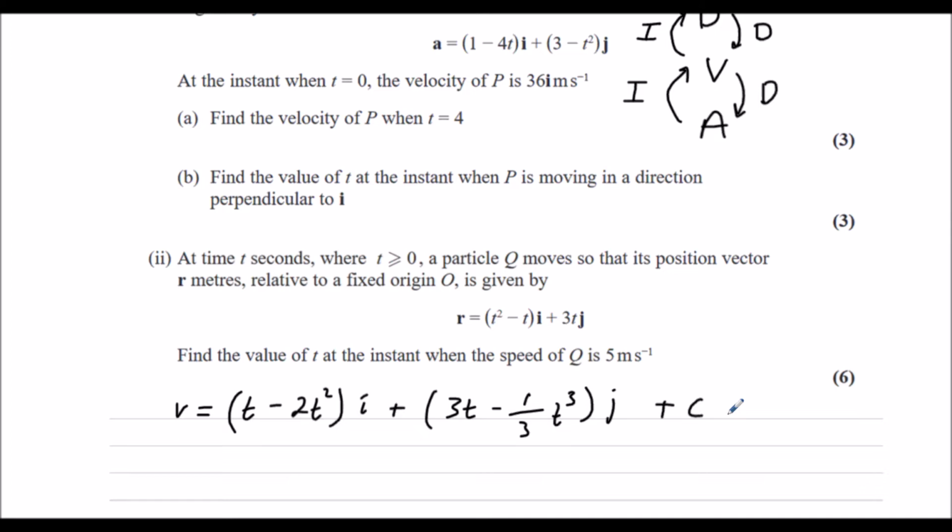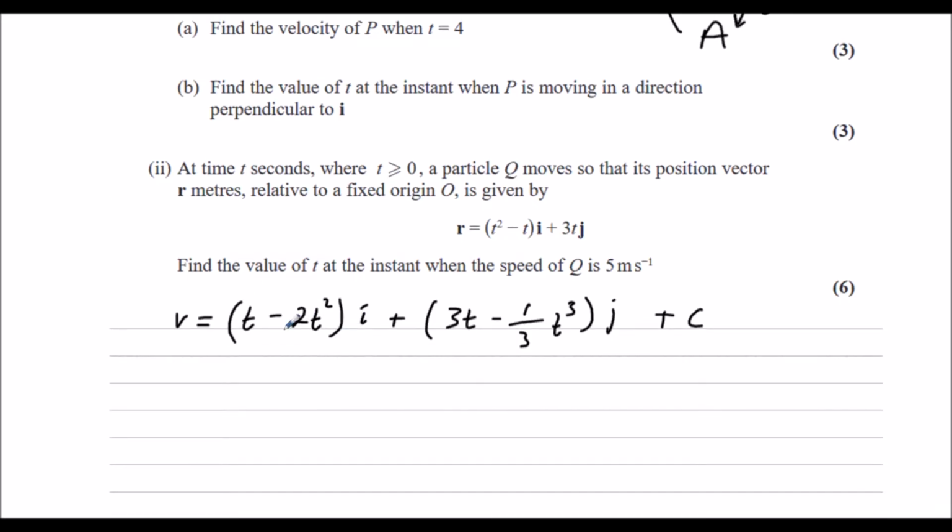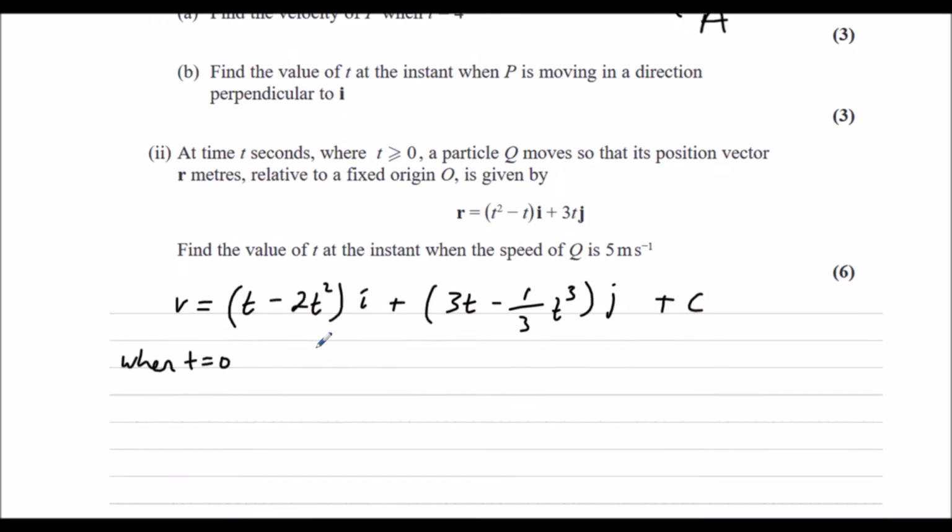And to find out what c is, we've been given this extra bit of information. So when t is 0, velocity is 36i. So when t is 0, we're going to have 0 i's plus 0 j's plus c. So when t is 0, v is 36i, and that must be c. So 36i must be our c.